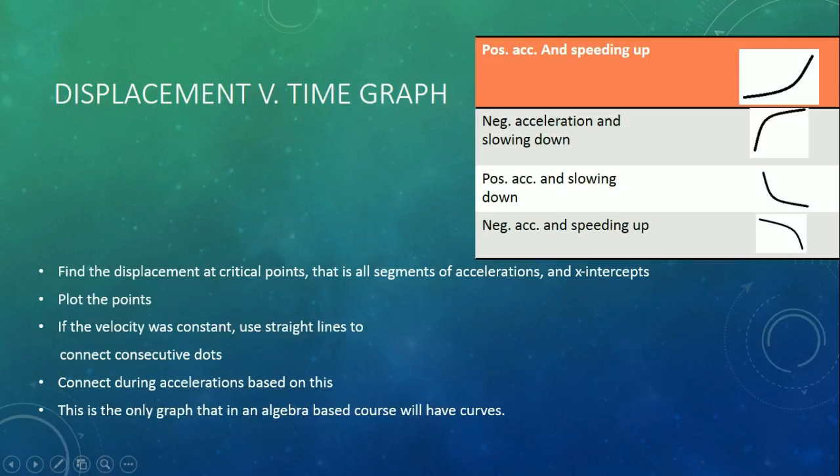So this is just moving negative direction. Now this is just like the top one, except it's going in the negative direction, so it's moving faster and faster, greater and greater displacement, just like you can see here.